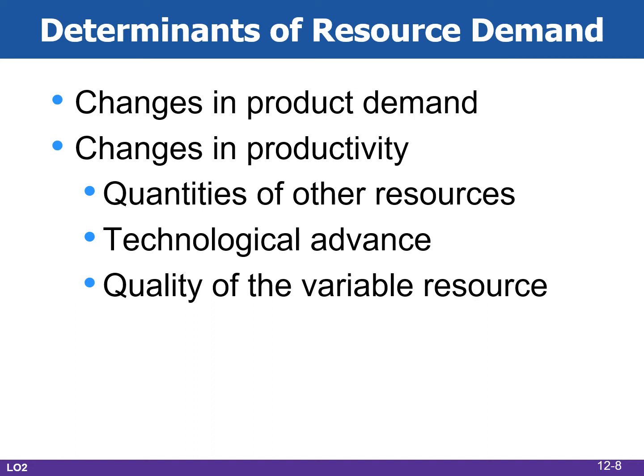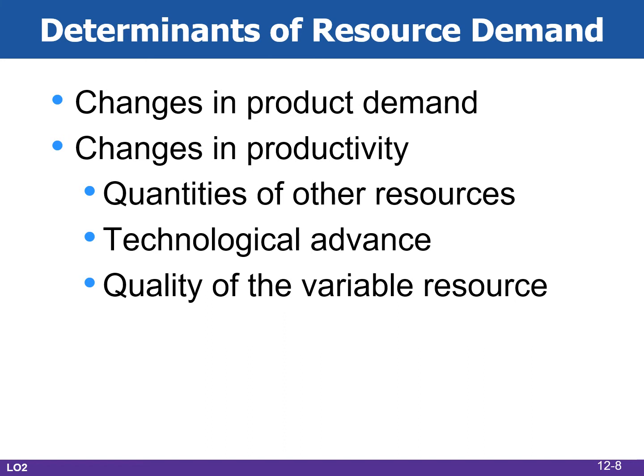The first determinant of resource demand is the change in product demand. So if a product grows more popular, or there's an increase in the number of buyers, or there's a decrease in the price of a substitute, there will be an increase in the demand for a product. Let's use a real world example. Assume that new homes become more popular.